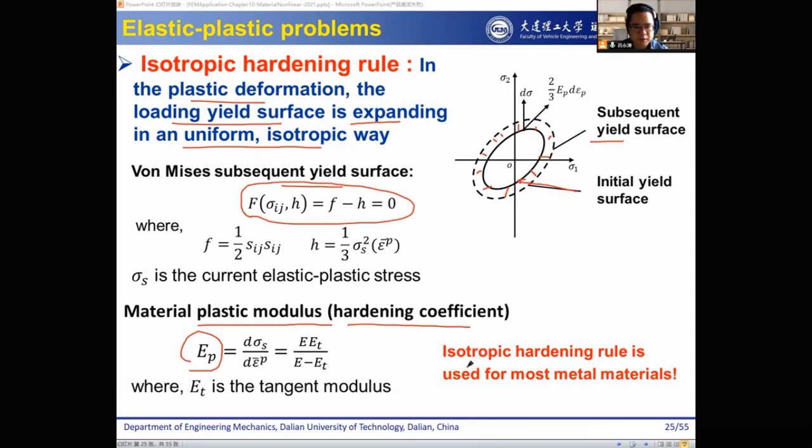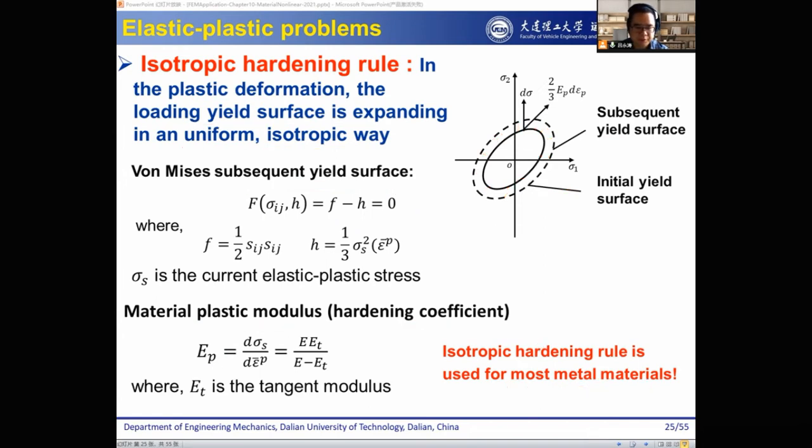The isotropic hardening rule is used for most metal materials, which means for metal, you heat it, and the subsequent yield surface will expand. When you heat again, it will expand again. In this way we are increasing the strength of the material, and this is a very useful technique.